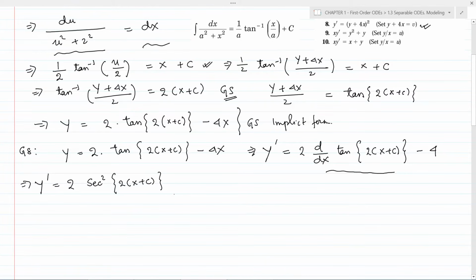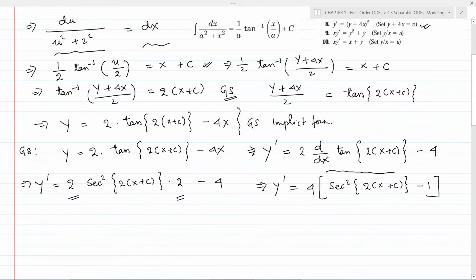Then we differentiate 2 whole into x plus c with respect to x, and we write as multiplied by 2, minus 4. We multiply this 2 and this 2 together, and we write this as y dash is equal to 4 whole into sec square of 2 whole into x plus c, minus 1.